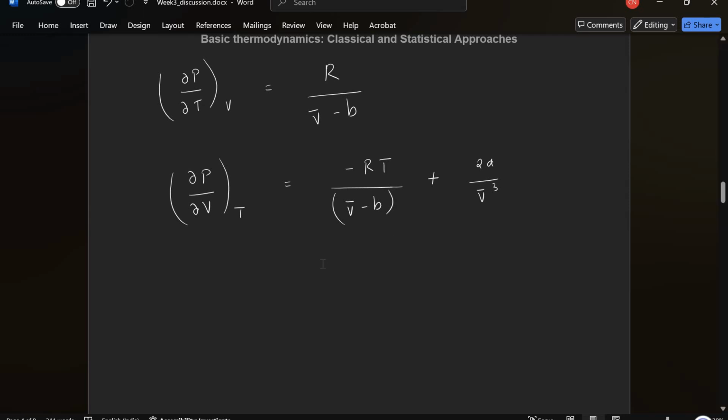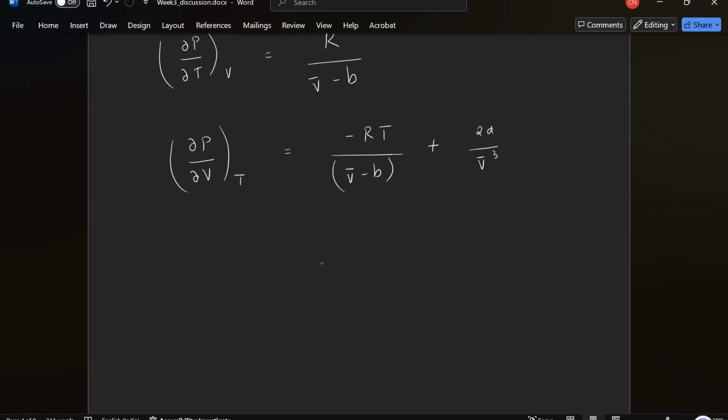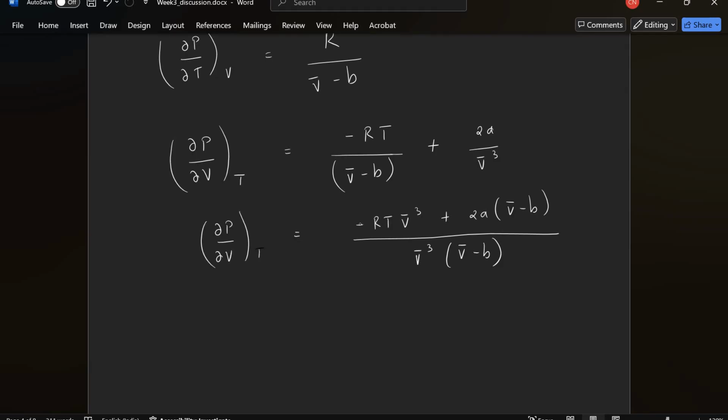So now this is quite a tricky term. Since we need to do the reciprocal of this, let's multiply this: V bar cube plus 2A V bar minus B divided by V bar cube into V bar minus B. So this is del P by del V. But we need del V by del P, right?